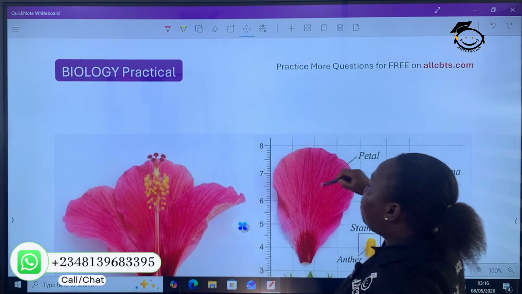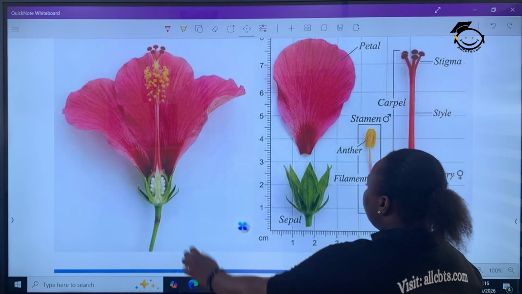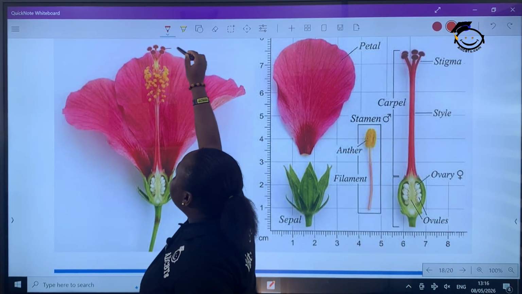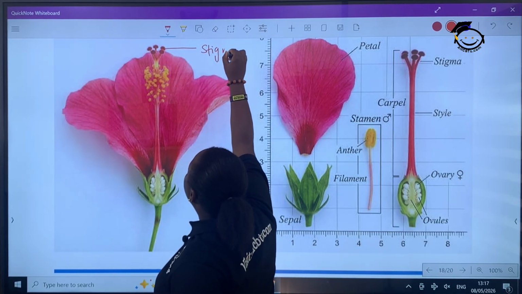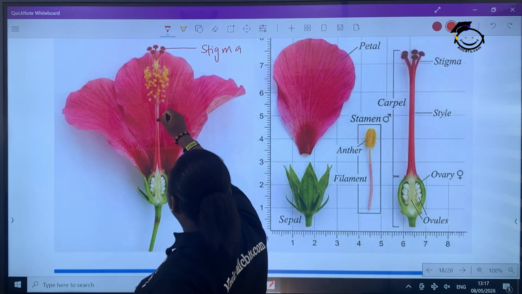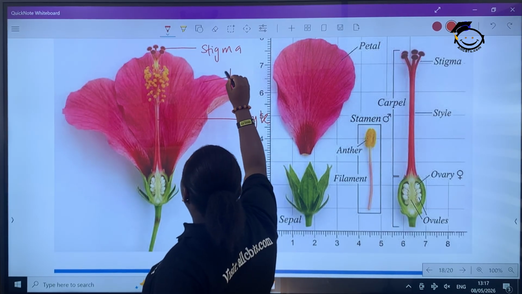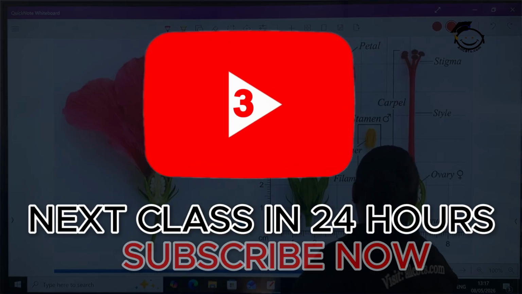Now, this is how our flower looks. Let me label it from this side. This side is the stigma. This is the style. This is the petal. But we're asked to label only some.